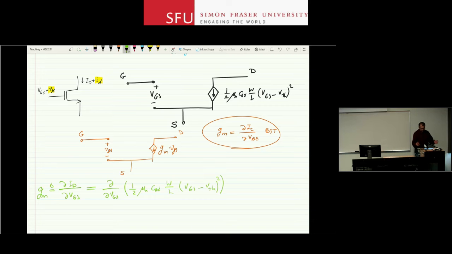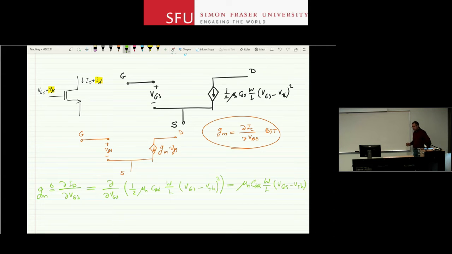All of this part is constant. The two that you have in power will come in front, and then the derivative of VGS minus VTH is just 1. So gm is mu n C oxide W over L times (VGS minus VTH).